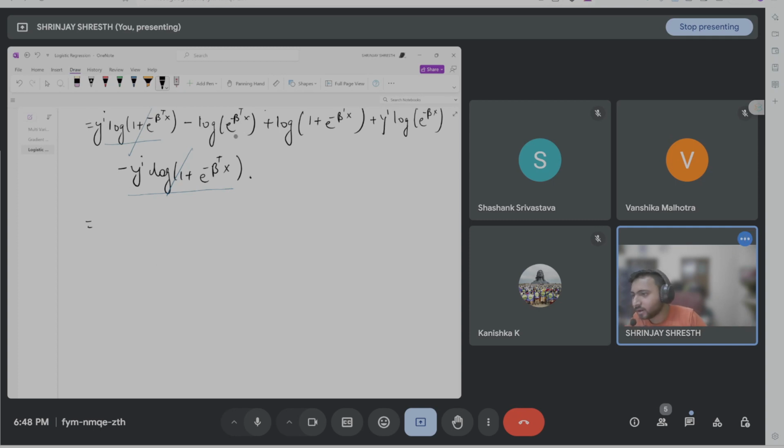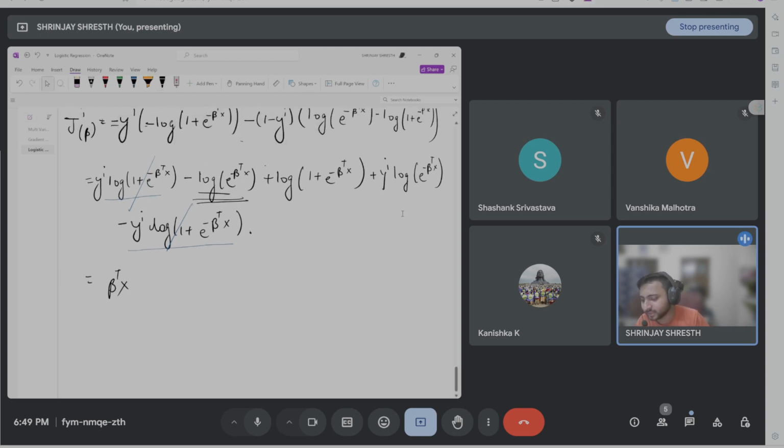Let's see. Can I write this thing as minus of minus beta transpose x, log हमने देखा था minus beta transpose होगा log of e raised to the power minus beta transpose x, it is beta transpose x minus के साथ, and this minus minus is plus, so I'm simply writing beta transpose x for this term, ठीक है.